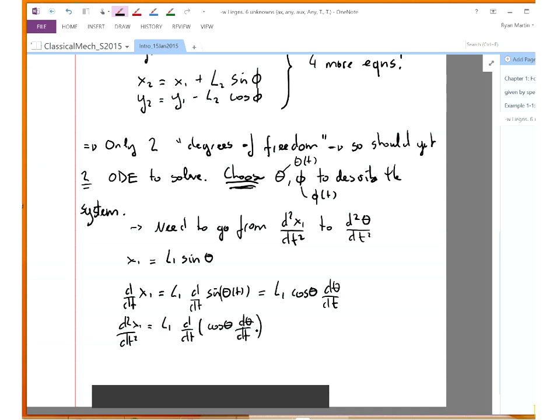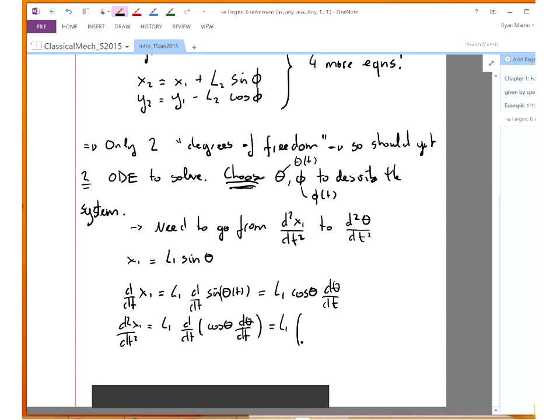So it's d by dt of a product. So it's a product rule. And then for one part of the product, the cos theta, you will have to use the chain rule as well. Right? So everybody's familiar with the product rule for derivatives, right? The derivative of f times g is f prime g plus f g prime. All right, so let's apply the product rule here.